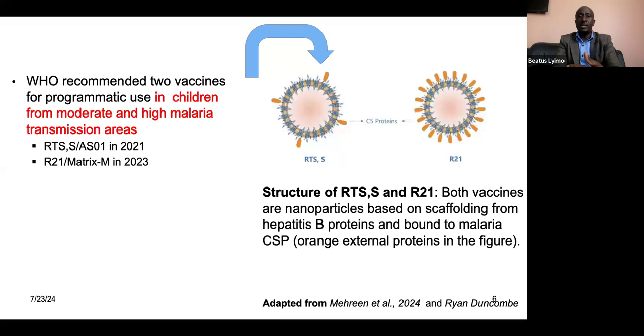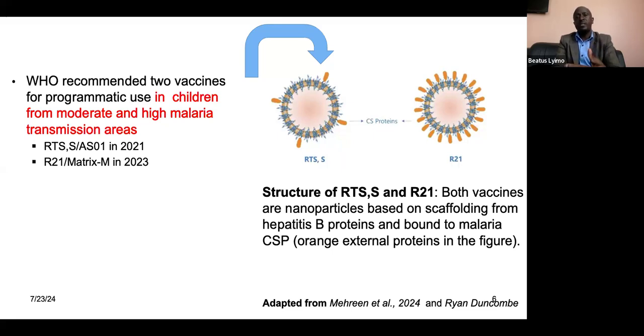Both RTS,S and R21 are bound to hepatitis B surface protein, but RTS,S has roughly a 1:4 ratio of CSP protein to hepatitis B protein, while R21 is bound like 100% with the hepatitis B protein.